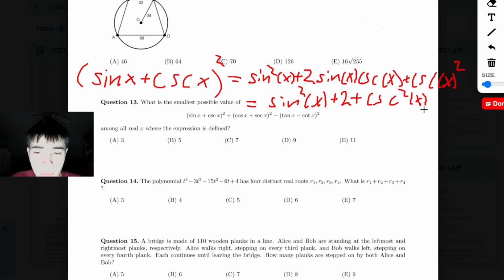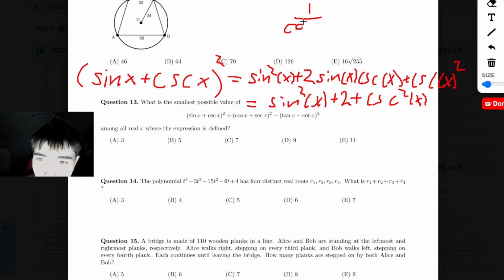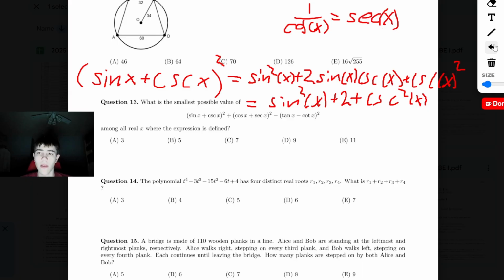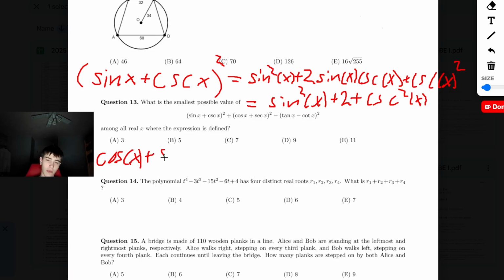So let's move on to cosine plus secant. So secant is also 1 over cosine. So that means if we have secant times cosine, then we get 1. Same deal as before. So we're going to expand this. Cosine of x plus secant of x squared.